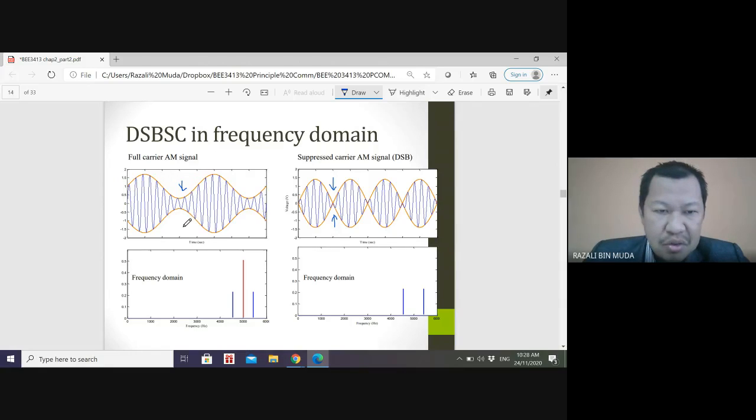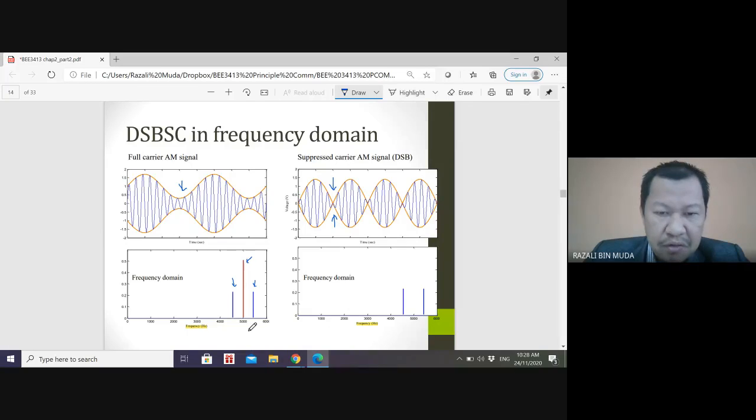So if we see the signal in frequency domain, the figure here shows both signals. This is the normal AM signal, where you have the lower sideband, you have the carrier, and you have the upper sideband.